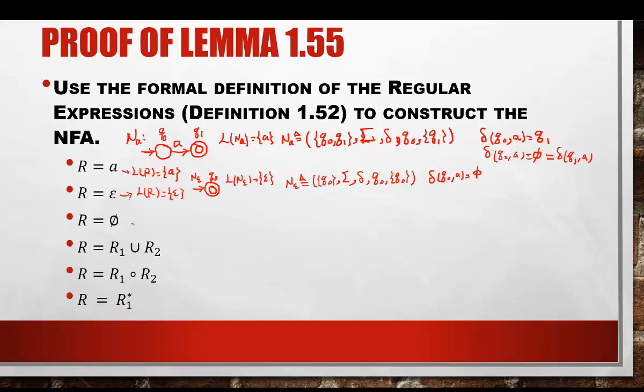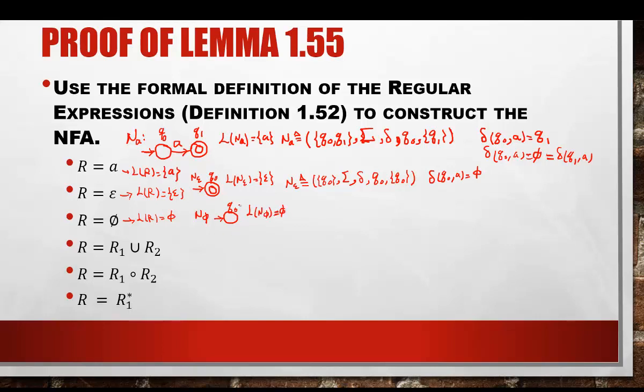Okay, how about phi? What's going to happen if your regular expression is the empty set? The language of the regular expression empty set is also the empty set. It doesn't recognize any string. So the finite automaton here, let's call it N sub phi, is going to be a non-deterministic finite automaton with a start state and no accept state. So the language of N sub phi is also the empty set.